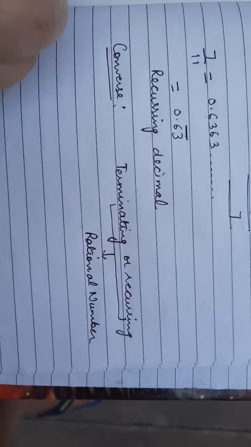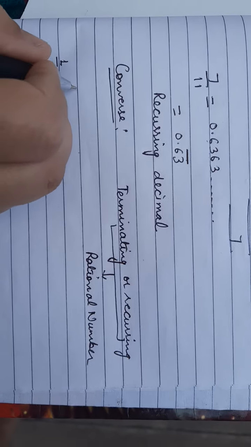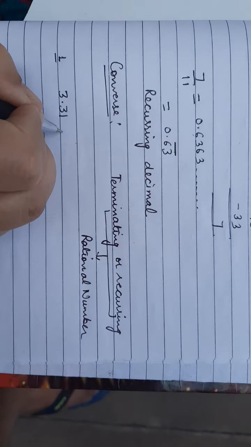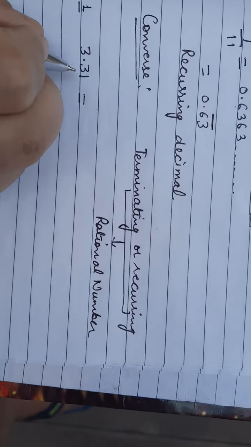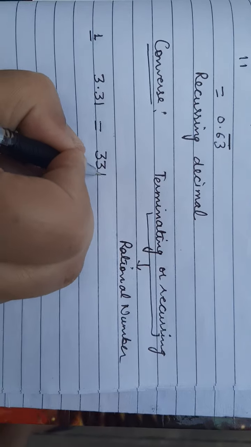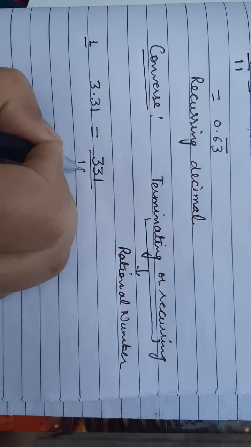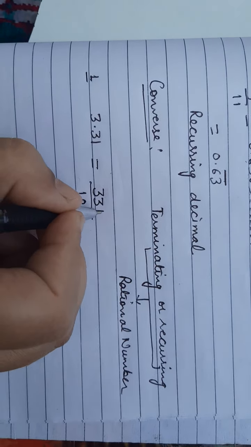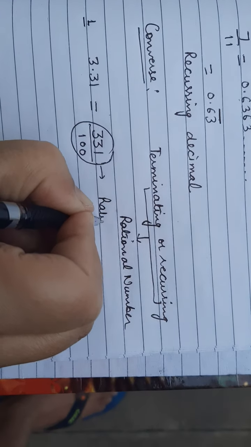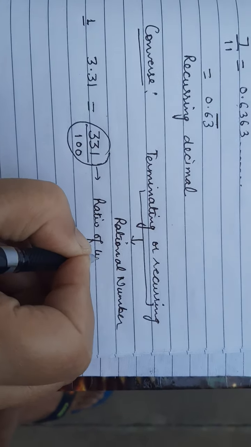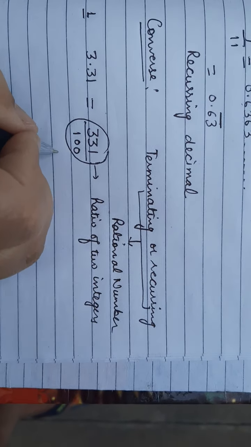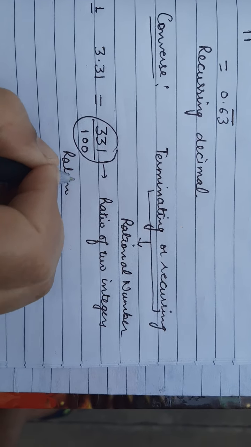Let us take an example first of a terminating decimal, 3.31. We all know that 3.31 can be expressed as 331 over 100. So again, this is the ratio of two integers. So we can say this is a rational number.